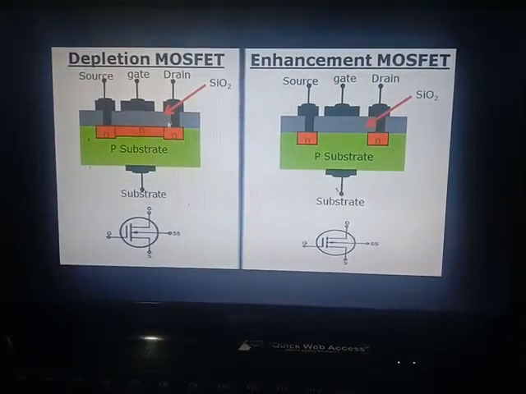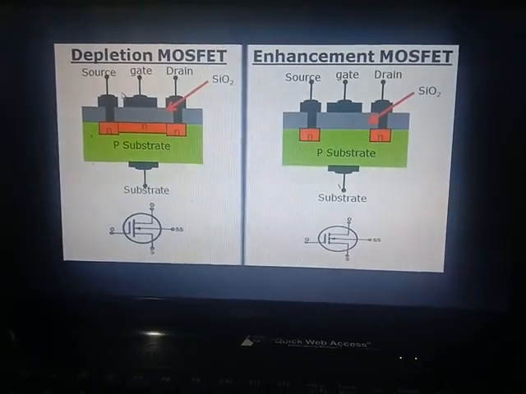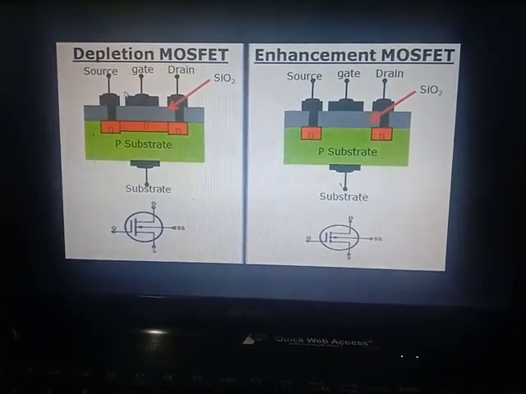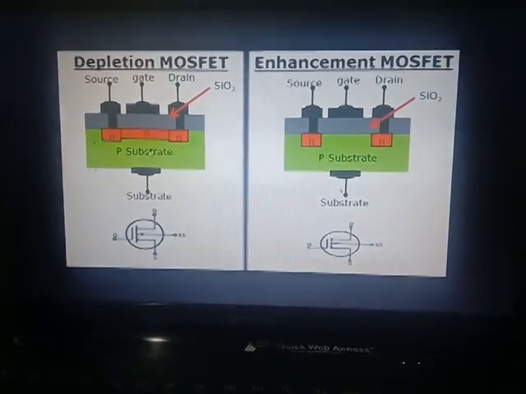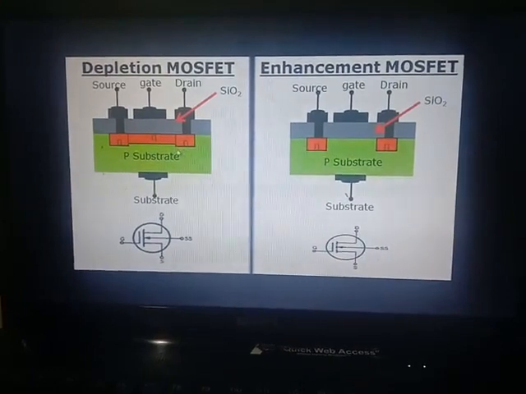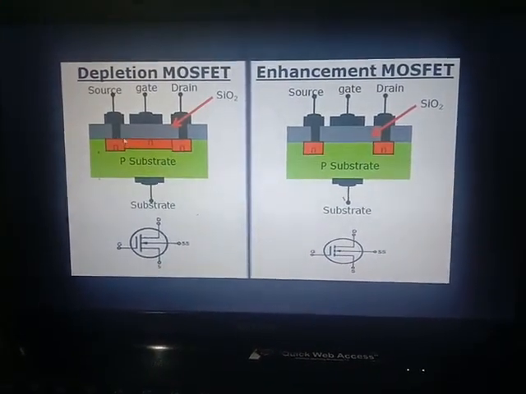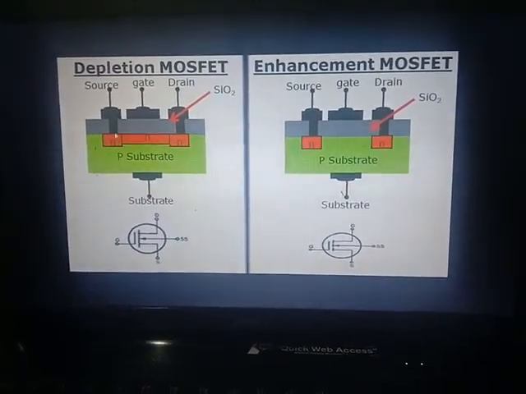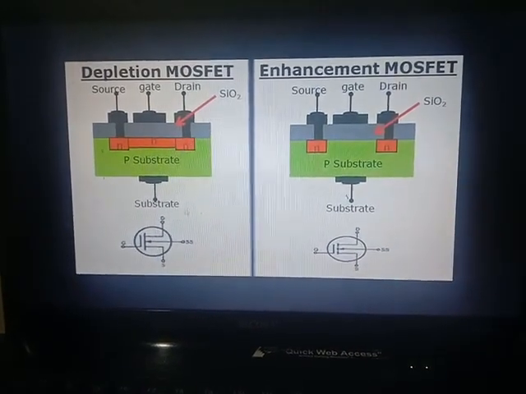So current flow is controlled by applied voltage, so that is why MOSFET comes under the category of field effect transistors or voltage control devices. Both enhancement and depletion MOSFETs of N type, or N channel, have electron flow contributing current, that is, majority carriers contribute current, so MOSFET is also a unipolar device.